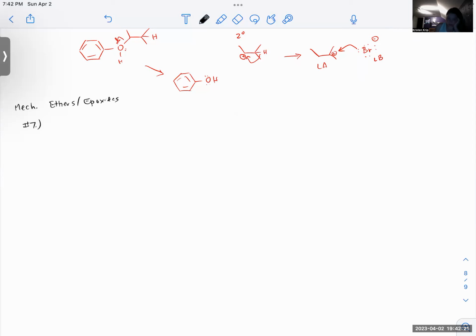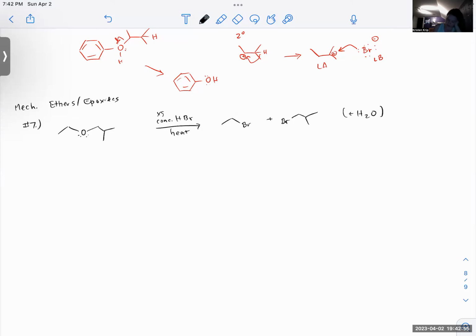All right, so we're starting with an ether. And we are told that we are going to use excess concentrated HBr and heat, and that we are going to end with a bromine there and a bromine there plus H2O, right?